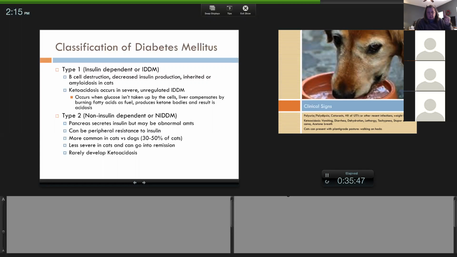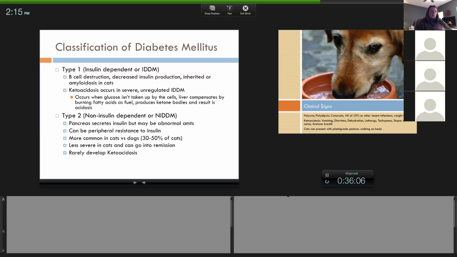So we have to stop the vomiting, give fluids, get them more aware out of unconsciousness, and then we have to try and start them on insulin and regulate them. That can be quite a process to stabilize the patient and then regulate them.